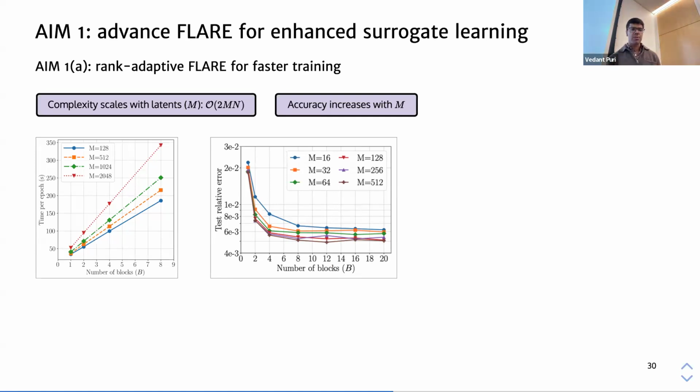So Flare essentially gives you a trade-off between a high accuracy, high compute solution with a large number of latents, or a low accuracy, low compute solution with a small number of latents.